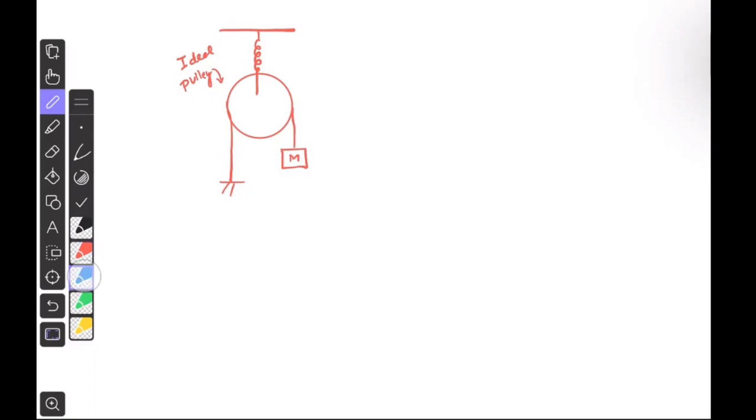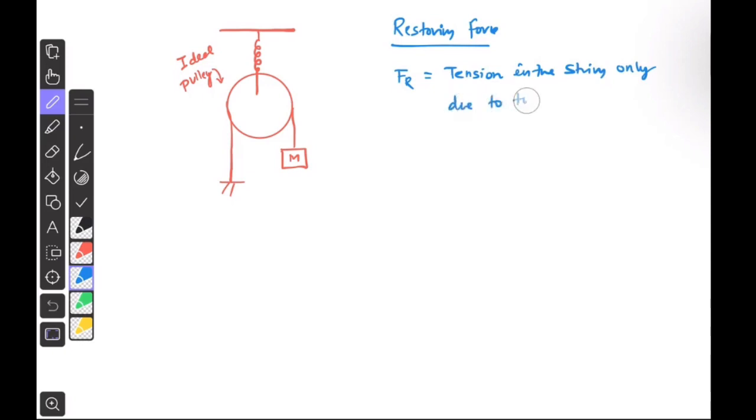So maybe I'll try doing it by the restoring force method first. The restoring force will be the tension in the string only due to the displacement x of the block from mean position.